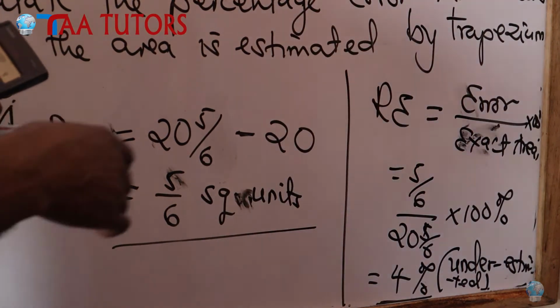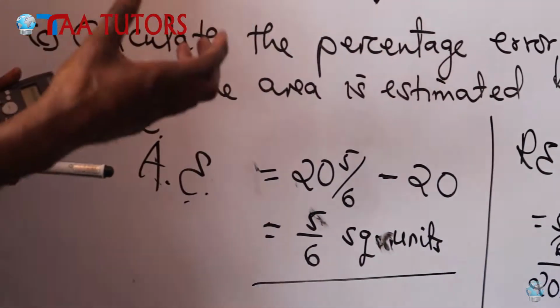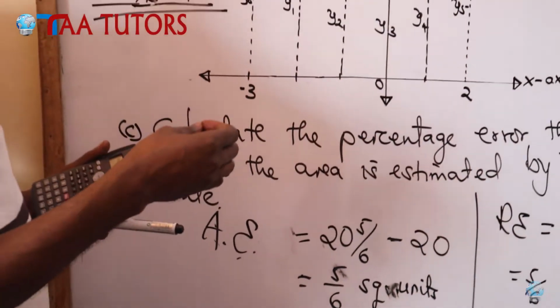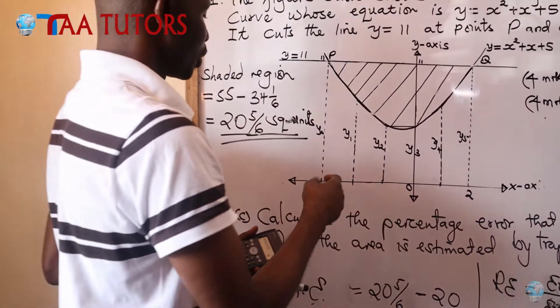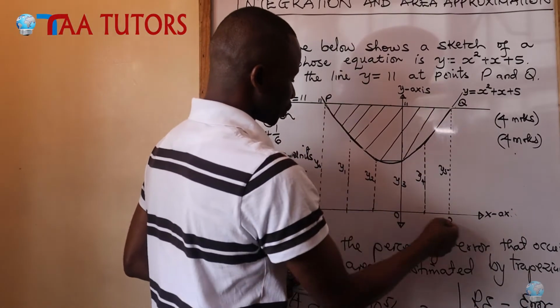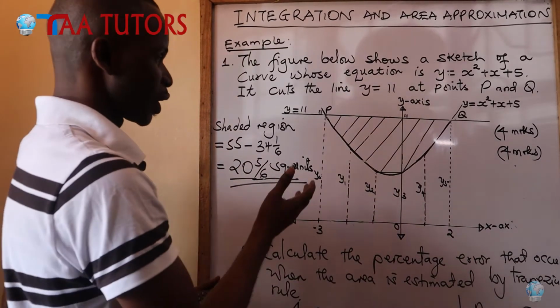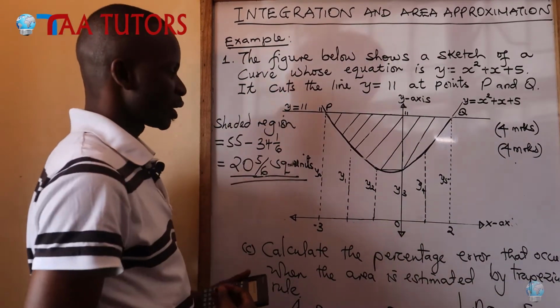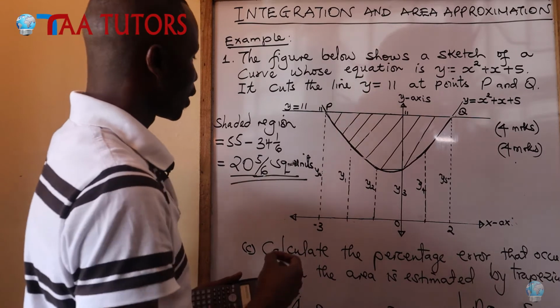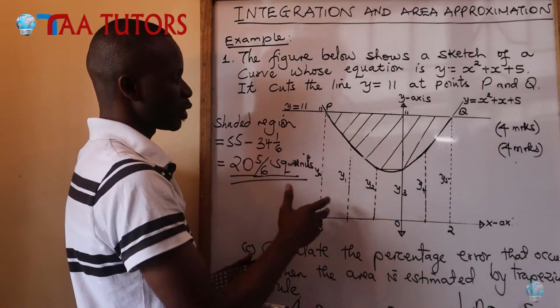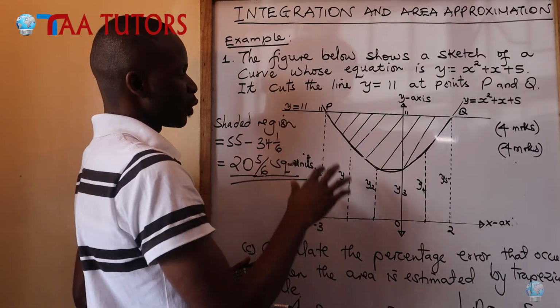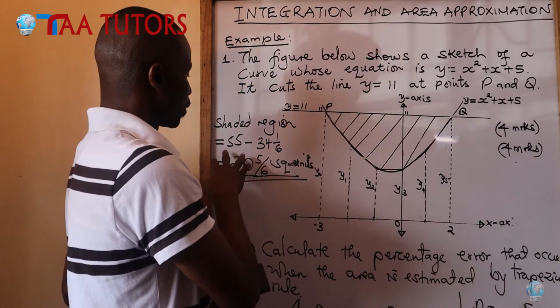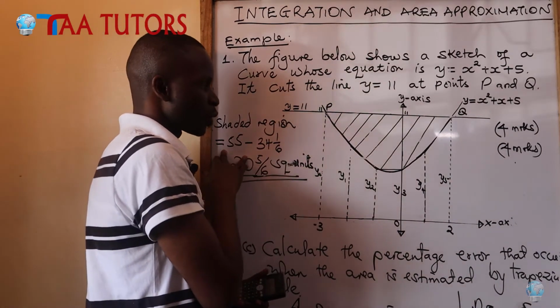So you realize that this question is combining many ideas together. One is shapes, area of plane figures, like in this case we use the area of a rectangle. That is learned in Form 1, I think. Then the second thing is area under a curve, which is done under the trapezium rule, and also the exact area under the curve using the integration method.